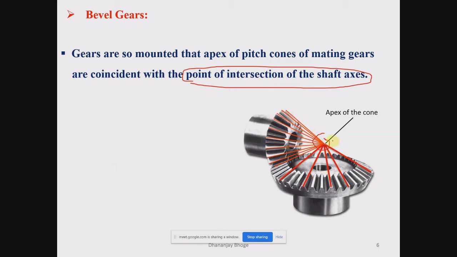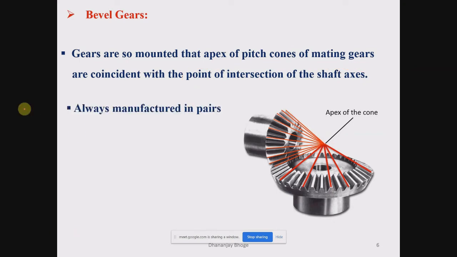Both the shafts will intersect at this point where apex of both the cones are meeting each other. And because of this reason, bevel gears are always manufactured in pairs. Okay? यांना जोडी जोडीमध्ये तयार करावं लागतं. This is the reason why bevel gears are always manufactured in pairs.